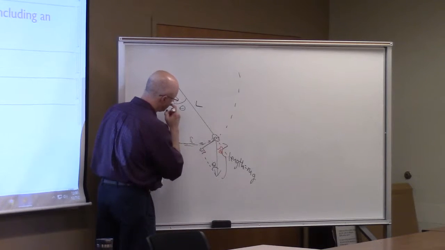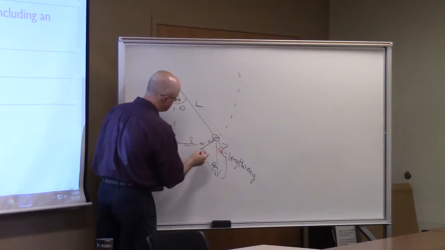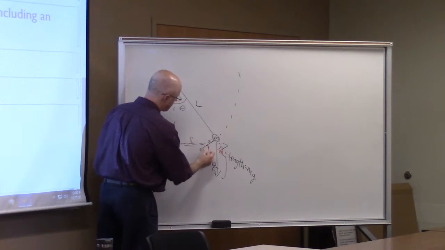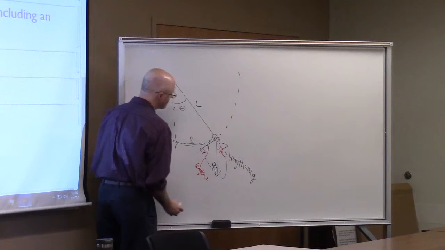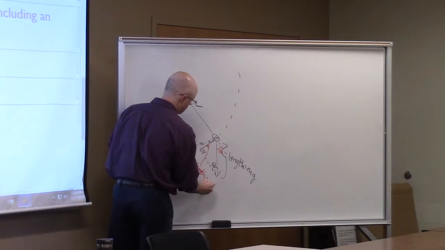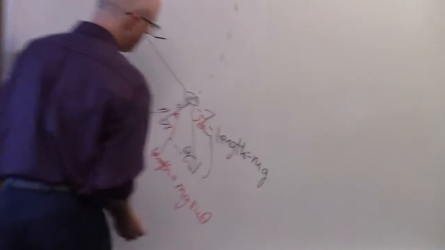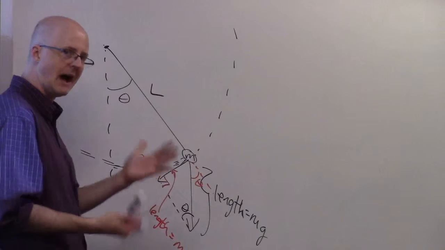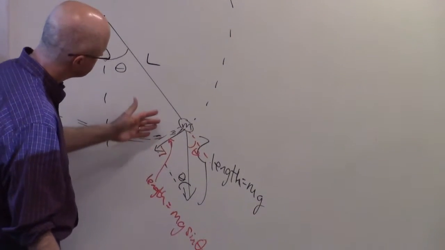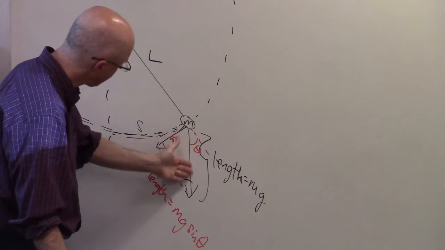We've got a right triangle in there, and then using trigonometry, SOHCAHTOA, the length of that side, which is the important length to focus on, is mg sine theta. The sine of this angle in this right triangle is opposite over hypotenuse. So the sine of the angle is the length of this side divided by the length of that side.